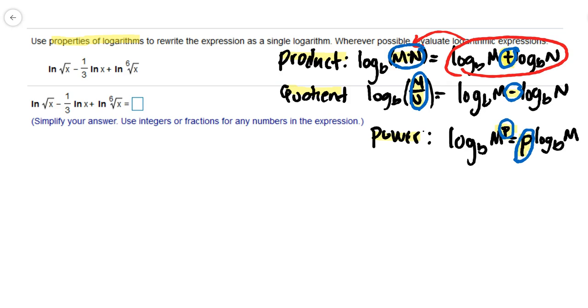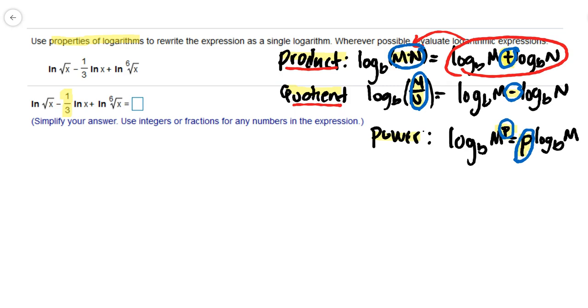So when we start to try to condense this, the first thing we want to do is handle the power rule. If there are any numbers out front, we need to move those numbers to become powers. You're not able to use the product rule or the quotient rule when you have coefficients.